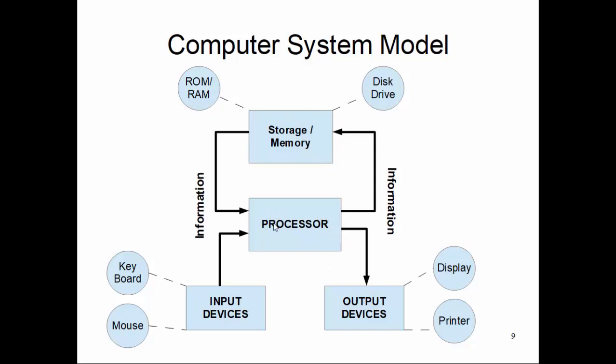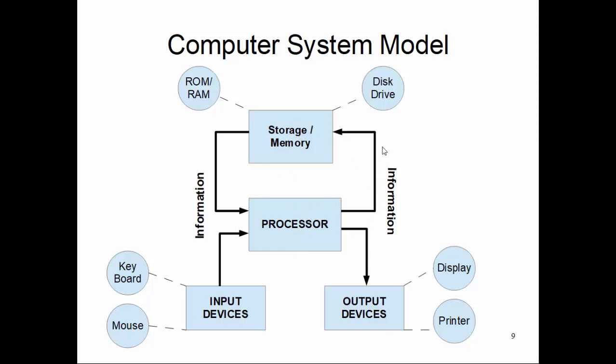This processor, which basically crunches information and computes based on it, picks up information from the input devices and sends out information to the output devices, whereas the relation of the processor and memory is bidirectional.